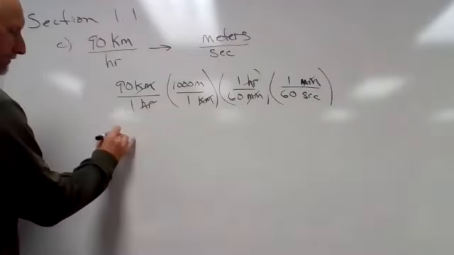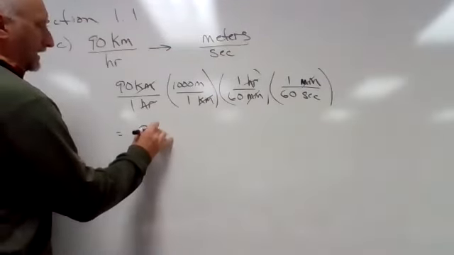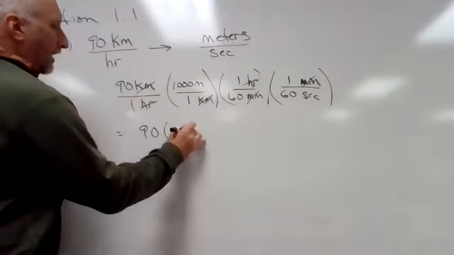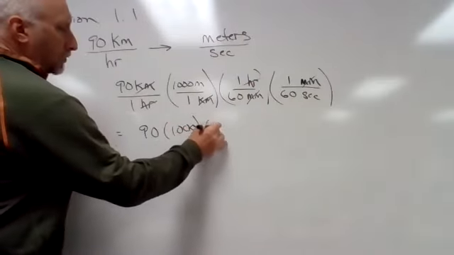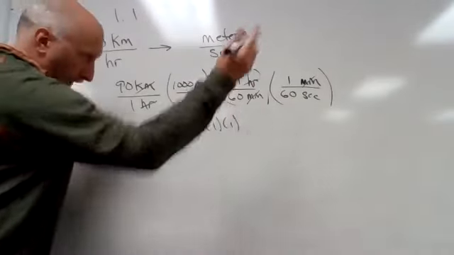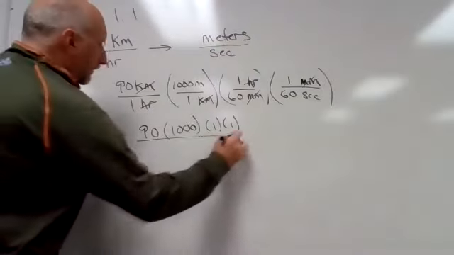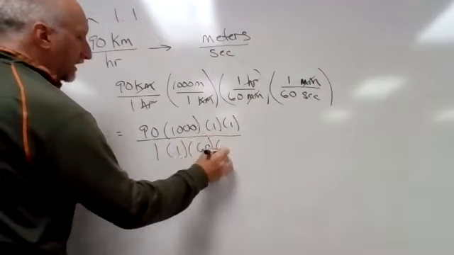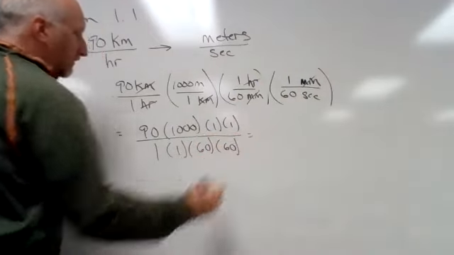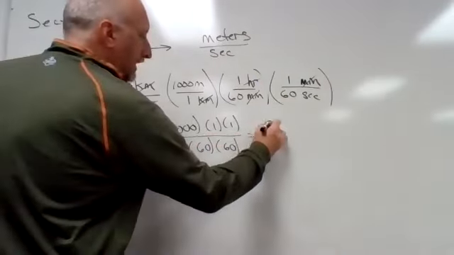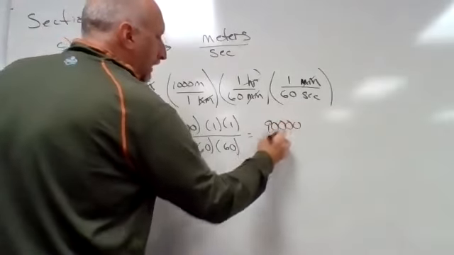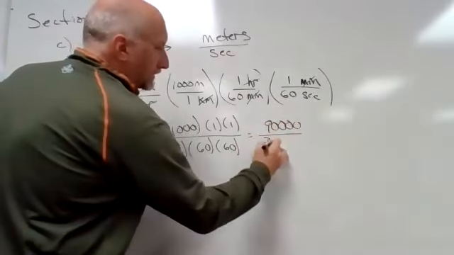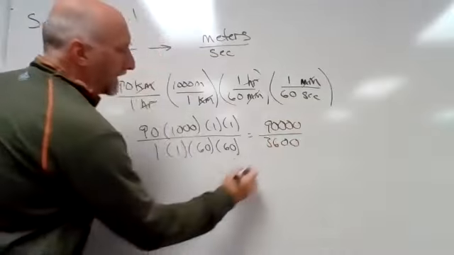Now I just deal with the numbers that I have left over. I've got 90 times 1,000 times 1, all over 1 times 1 times 60 times 60. If you multiply all that together, you get 90,000 on top and 3,600 on the bottom.